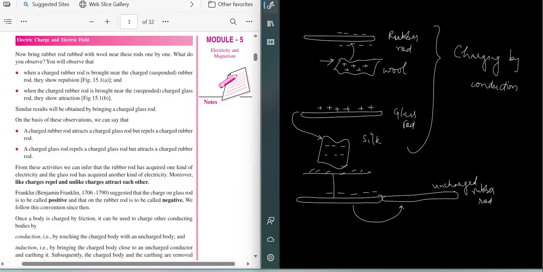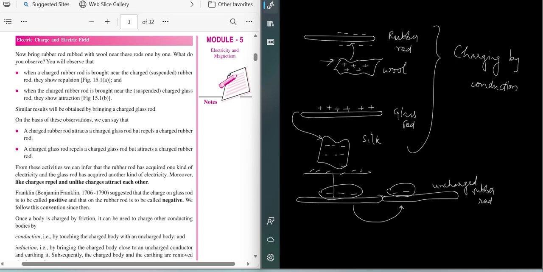So let us say instead of 5, these 2 negative charges are transferred here. So this is called charging by contact or conduction again. Initially it was by friction, this is charging by contact. Now in this case, the initial negative charge is reduced because that is transferred to the uncharged rod. But note here that same kind of charge is getting transferred.